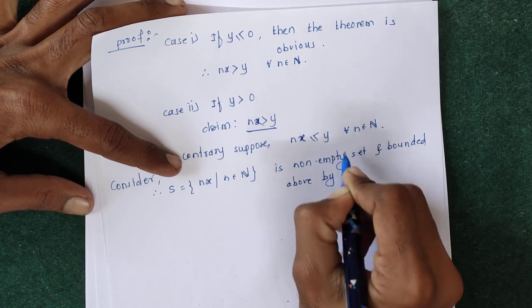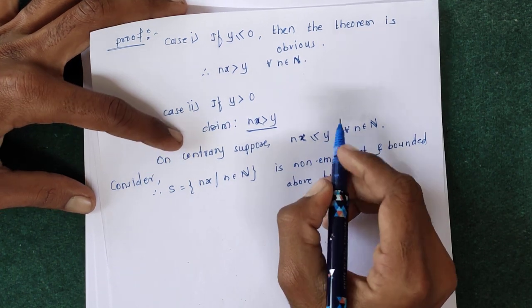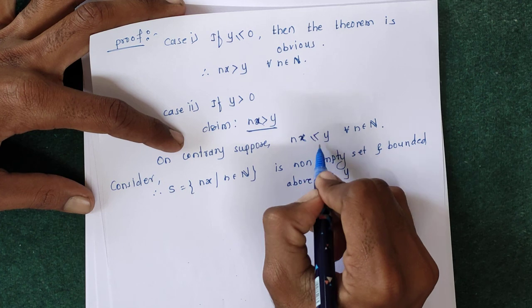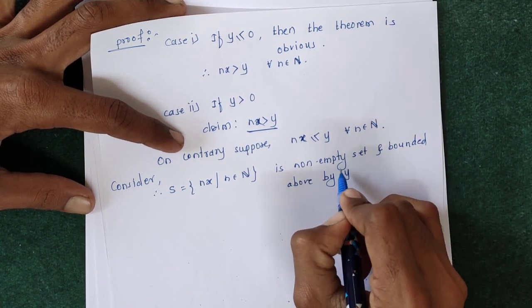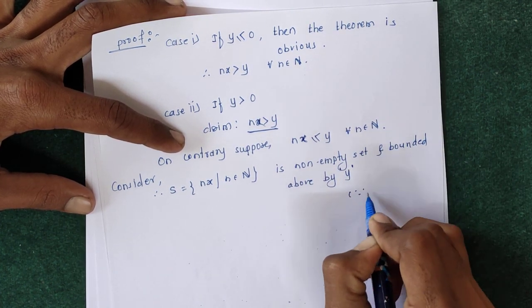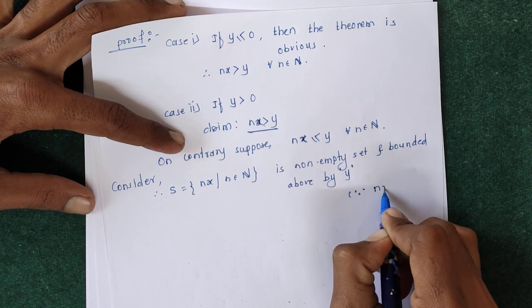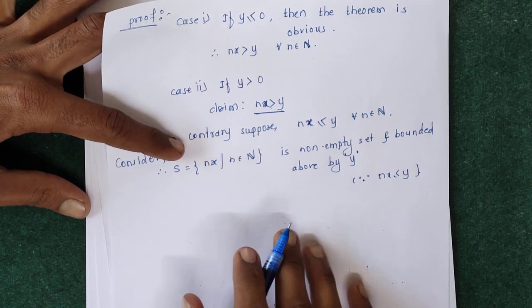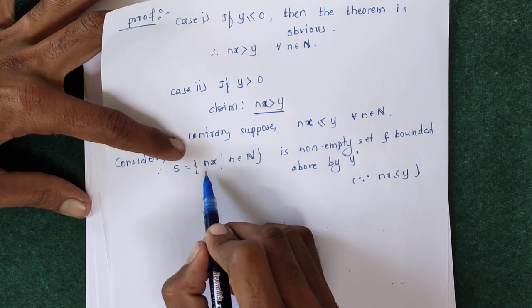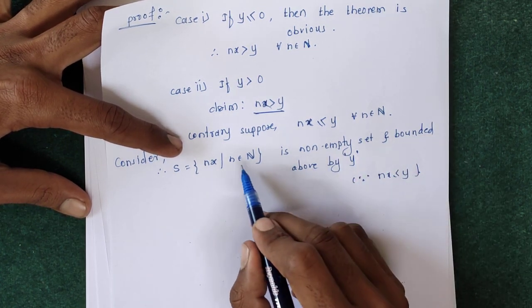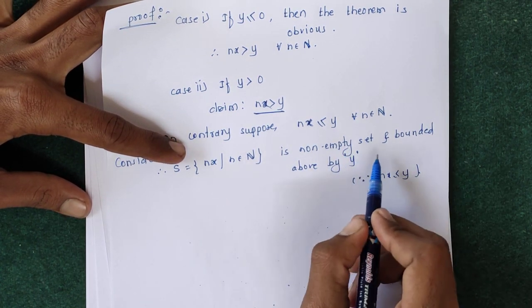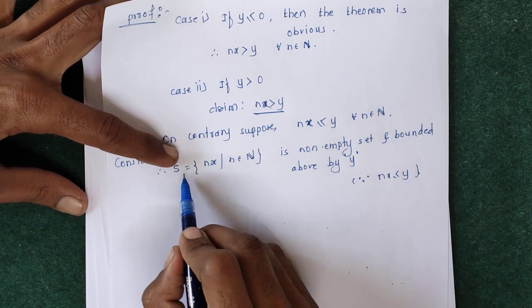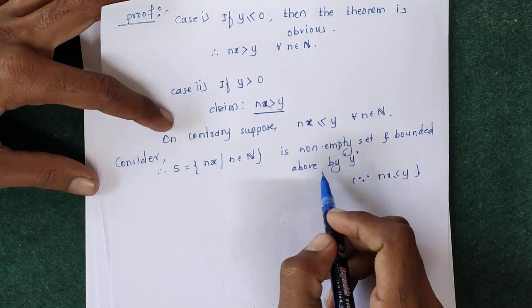That is, there is a real number y such that all the elements of this set are less than or equal to y, since nx is less than or equal to y for all n belonging to natural numbers. So S is a non-empty subset of real numbers which is bounded above.